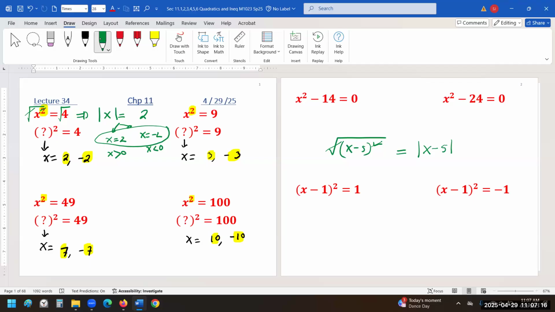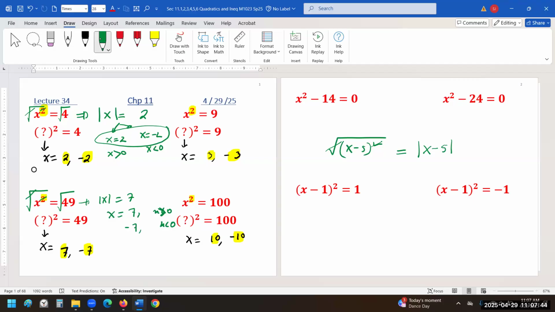Two choices. Same thing when we have x squared equals 49, we take the square root. Those cancel out, so we get the absolute value of x equals 7. In other words, x has two choices: +7 if x is on the positive side, or -7 if x is on the negative side.